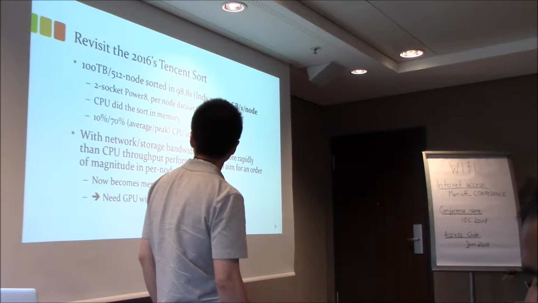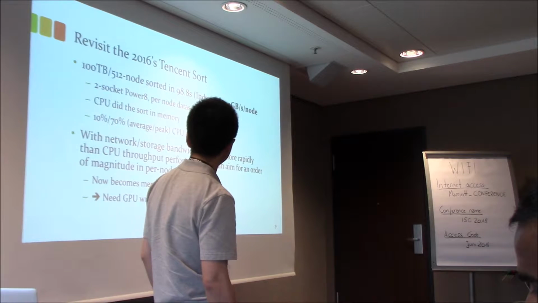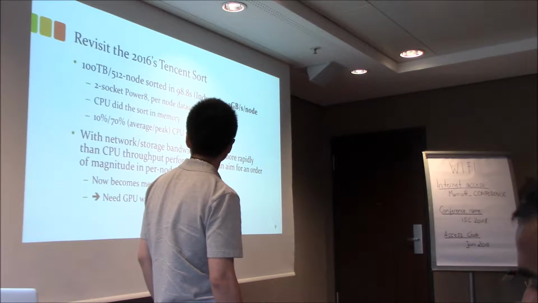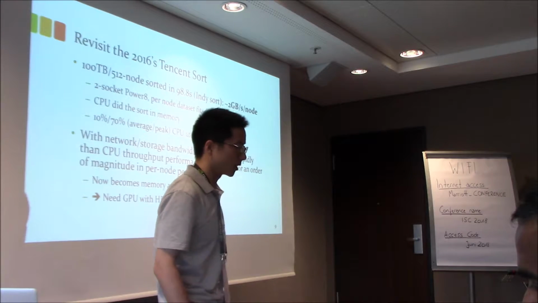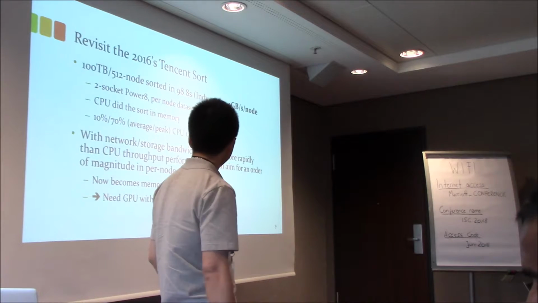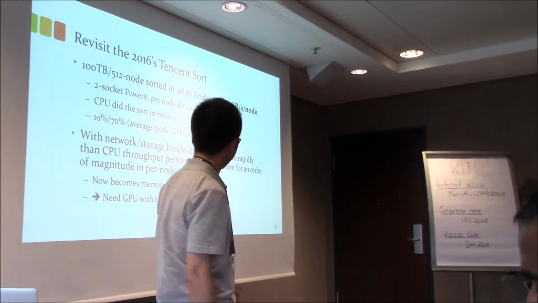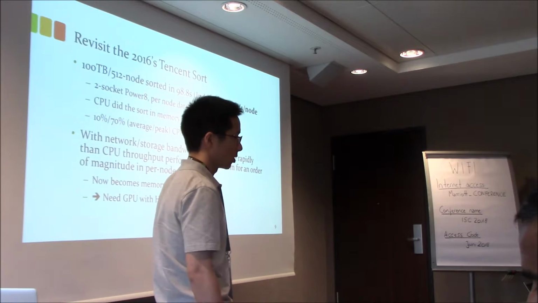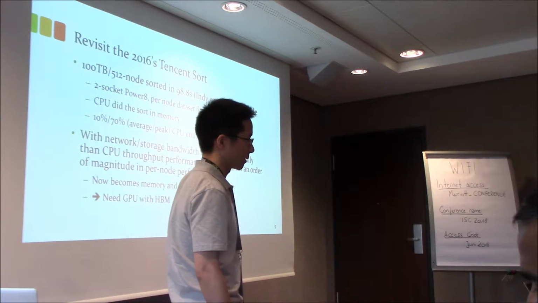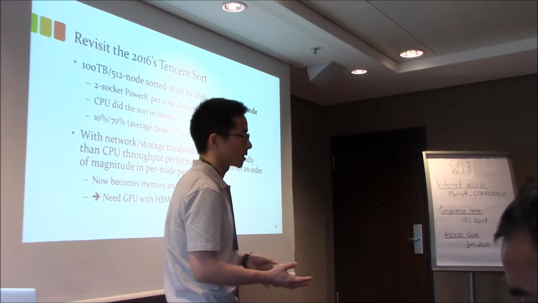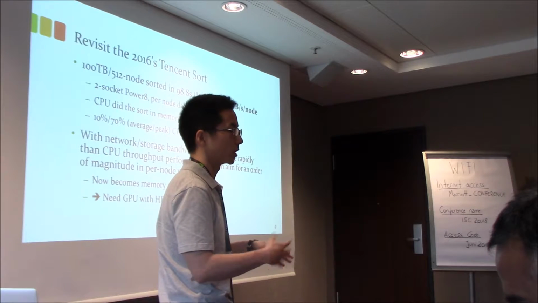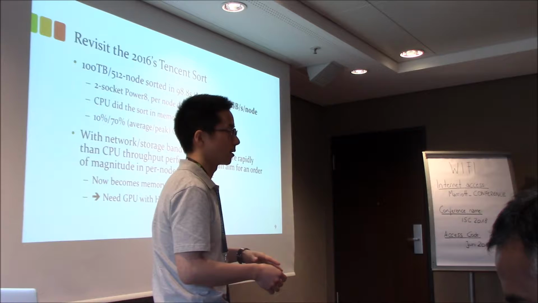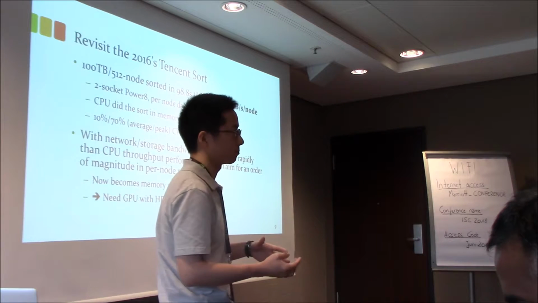They are using 2-socket Power 8, and all the sort is being done in CPU only. They observed roughly 70% peak CPU utilization. So this shows some trend. In that system, CPU is somehow approaching the limit. It will soon be the bottleneck.